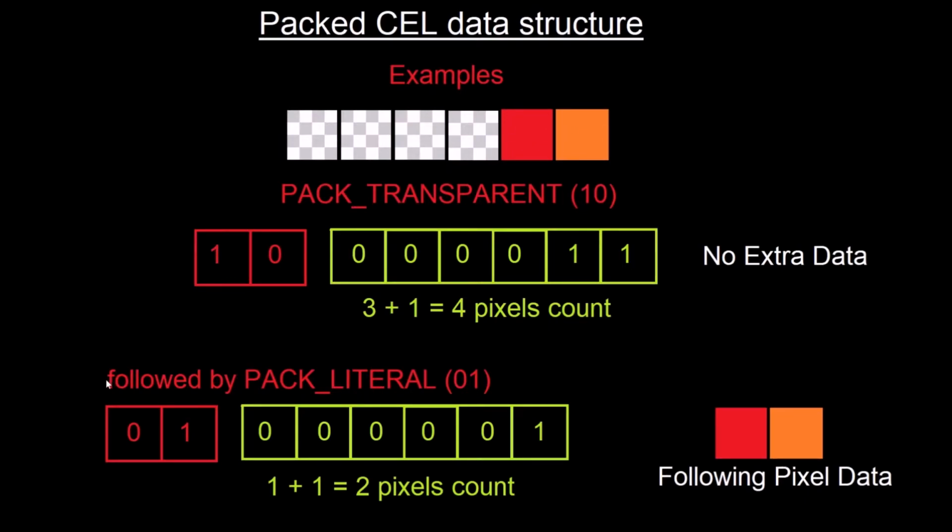So the continuation of the data is another header after this header that says packed literal. Okay, it has the value n, 1. 1 plus 1 equals 2. So it says the next data are 2 pixels that you just read normally, like regular data.